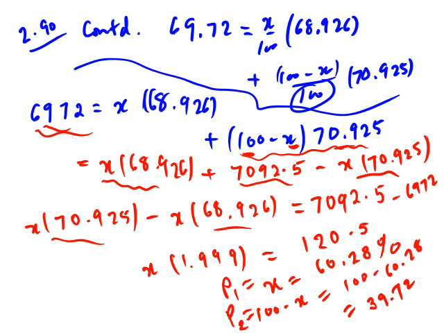So these are the two answers that we got. Of course, if you want, you can round off. Let me change the color of the pen and I circle those answers. This is one percentage, this is the second percentage. And I hope you understand this algebra and you try it yourself.